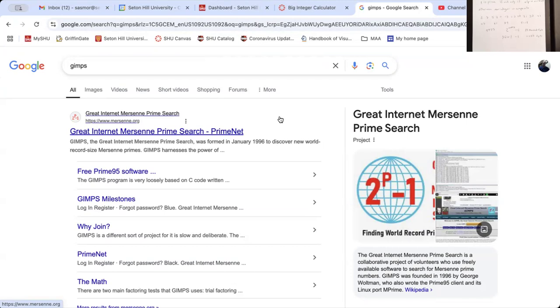Google the word GIMPS. You get the Great Internet Mersenne Prime Search. Mersenne primes are of a specific form. They are 2 raised to a prime number minus 1, like our 2 to the 110,503.